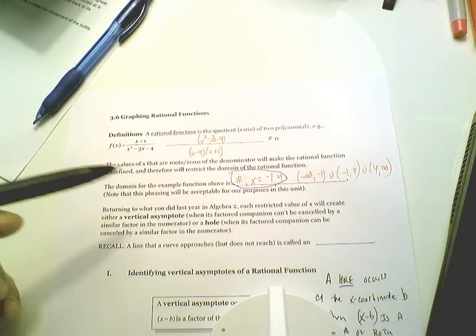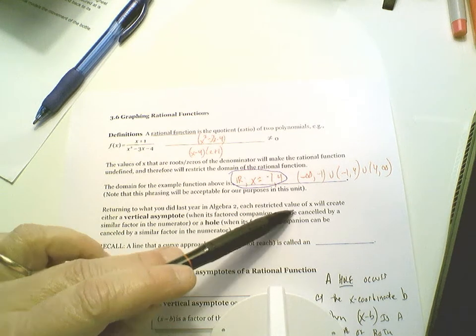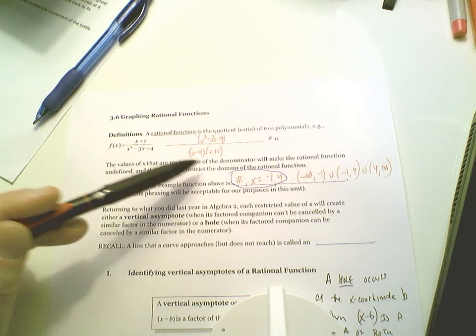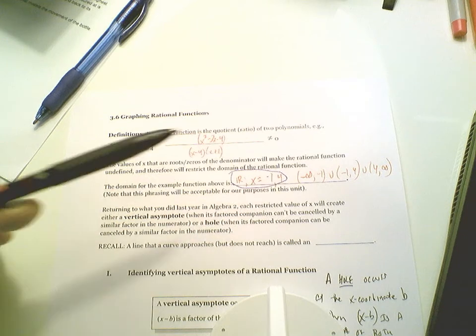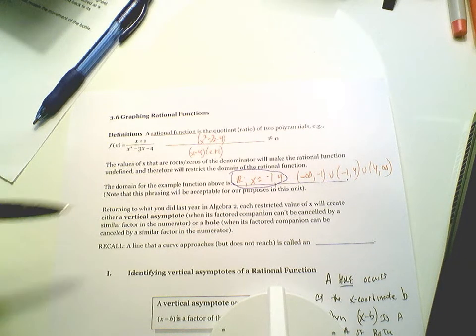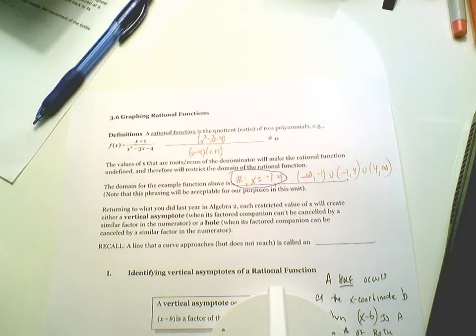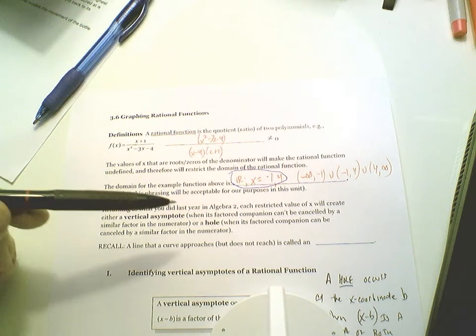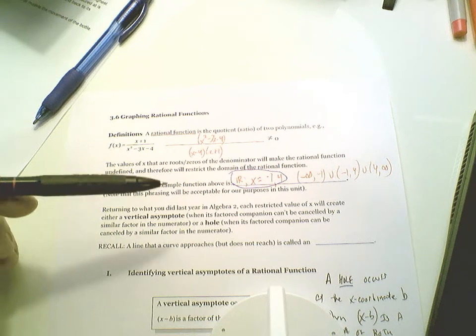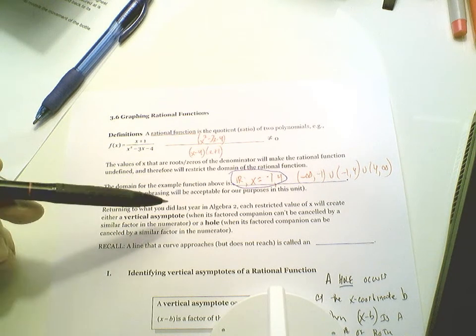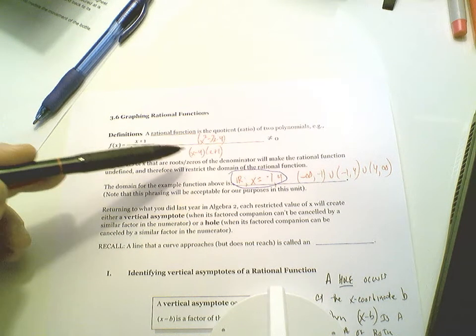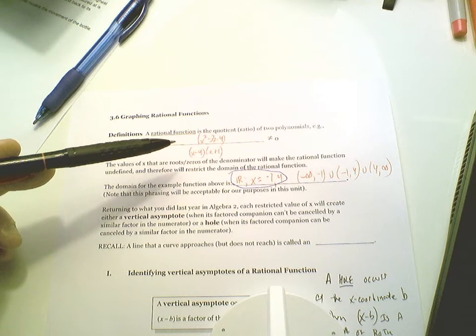Each restricted value of x, in this case the values of x equal to negative 1 and 4, is going to represent something in our graph. It could be a vertical asymptote, a dashed vertical line that shows spots where the function does not exist, and that's going to take place whenever that factor, if x equals b is a root, x minus b is a factor.